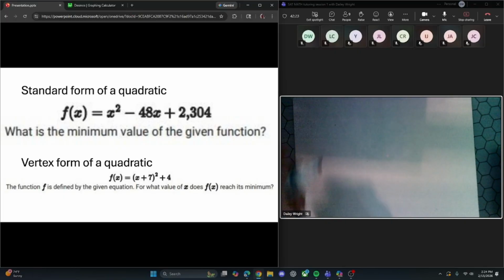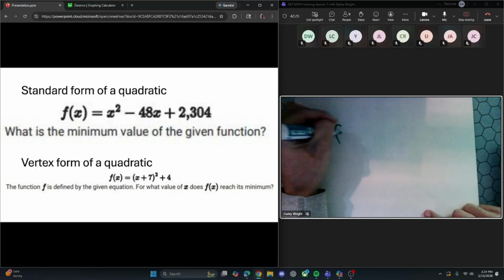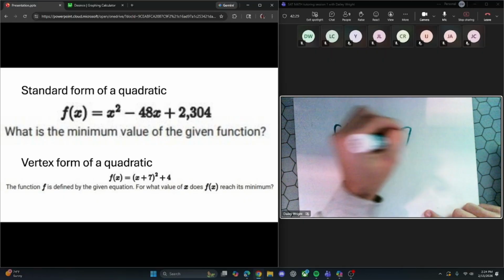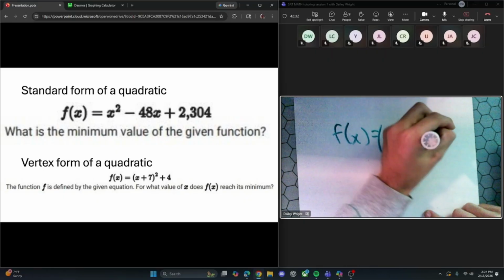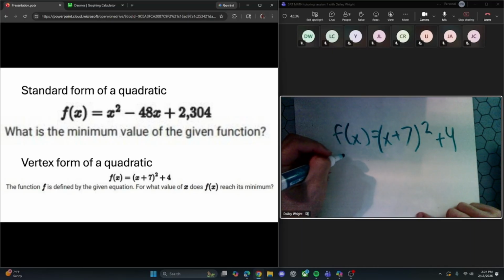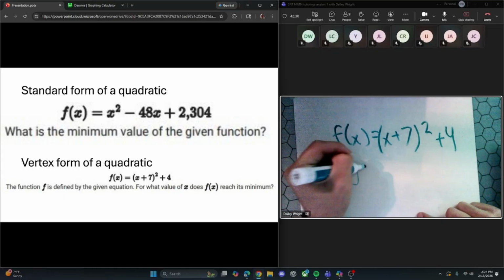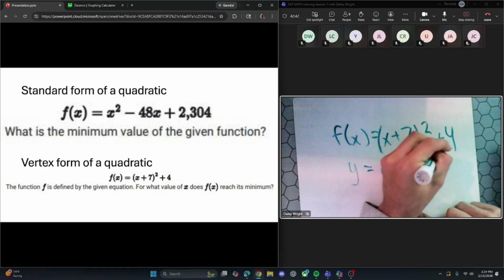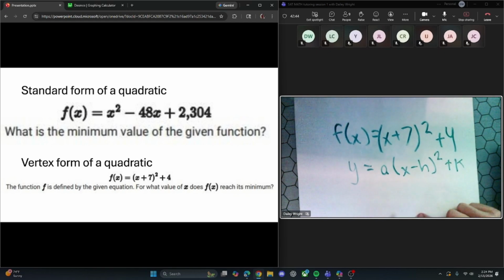And let me write out this equation. f of x equals (x plus 7) squared plus 4. And then the standard equation is y equals a times (x minus h) squared plus k.